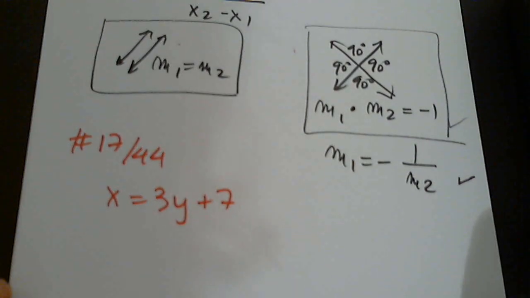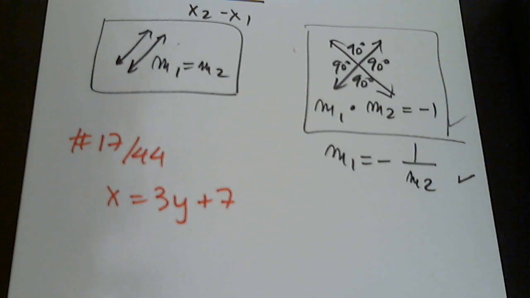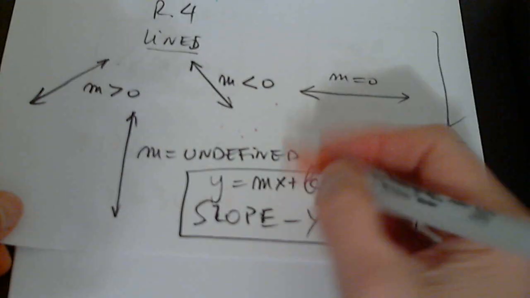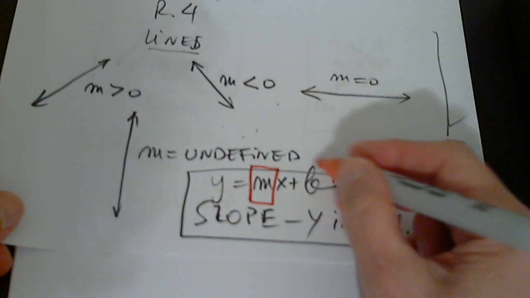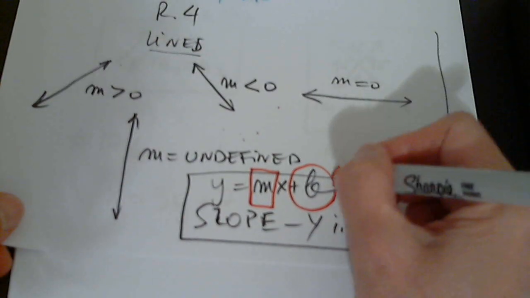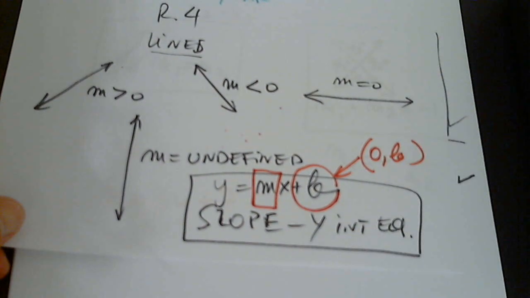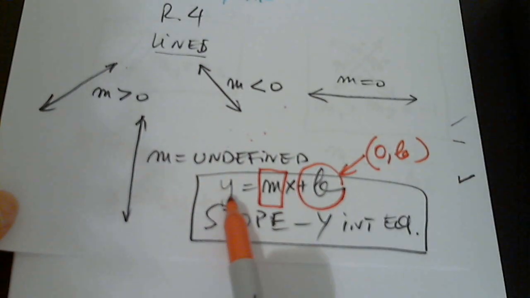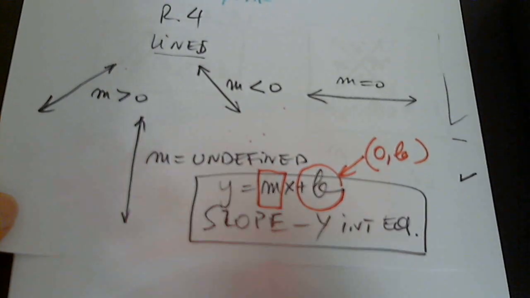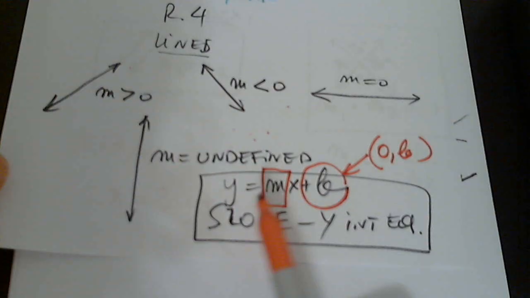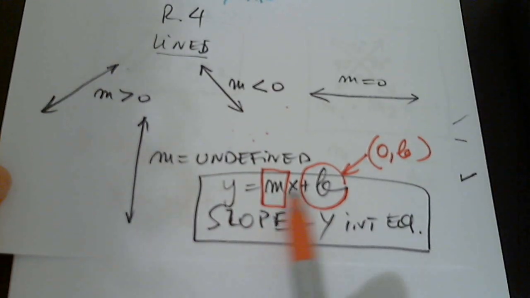Okay. So in order to find the slope and the y-intercept, remember this is a point that is 0, comma b. That's the y-intercept. I have to solve for y. Whatever equation you throw at me, I will solve for y and immediately identify these two.